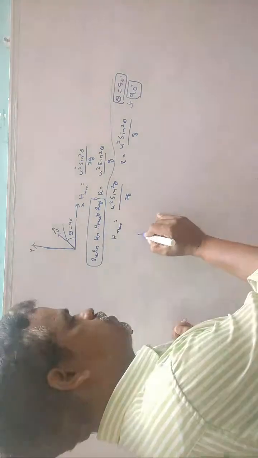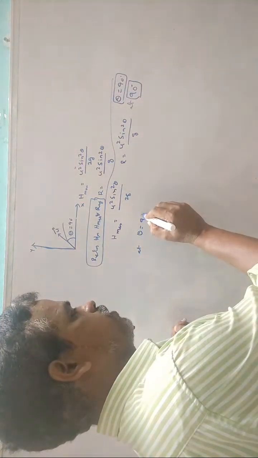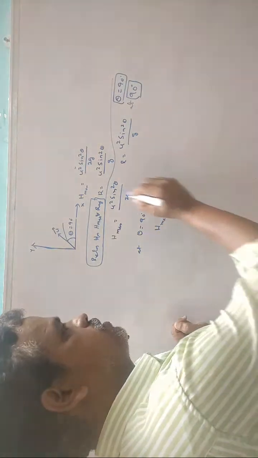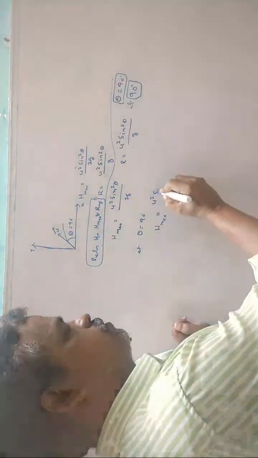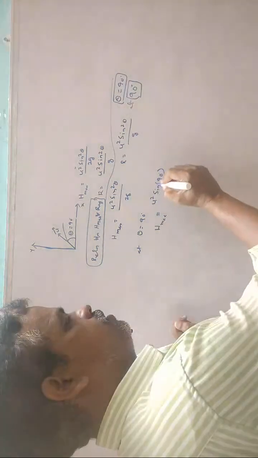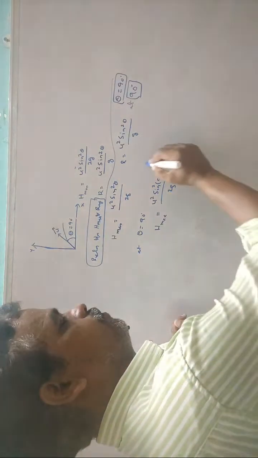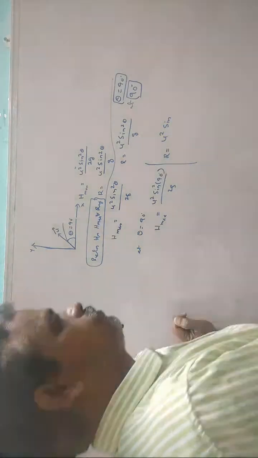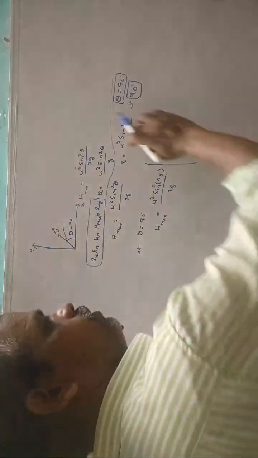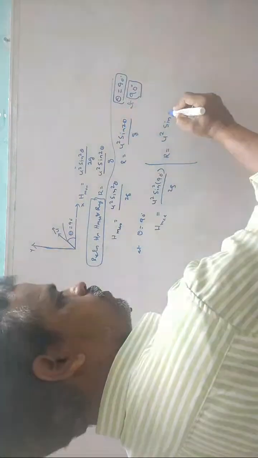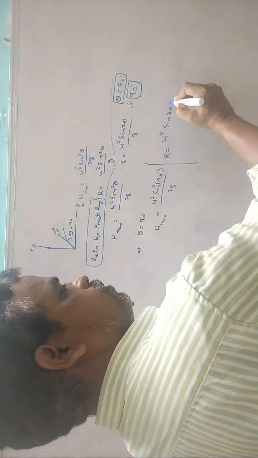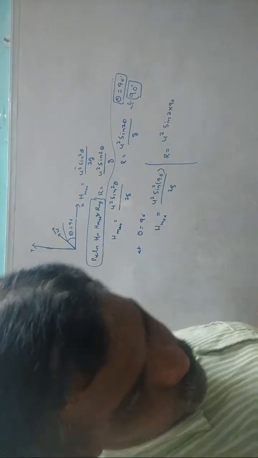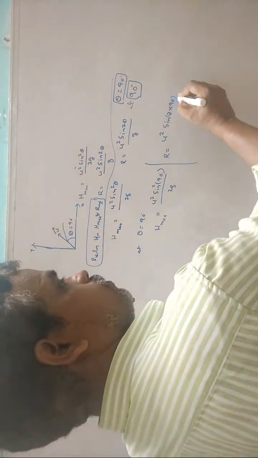Just substitute theta equal to 90. Maximum height is u square sine 90, that is 1, sine 90 degree square, by 2g. And range equals u square sine 2 into 90, by g.